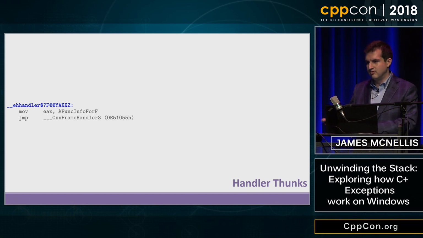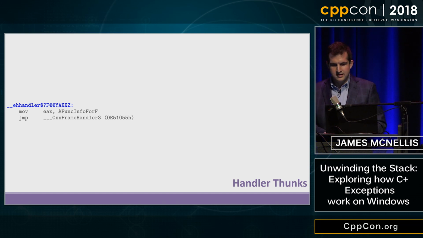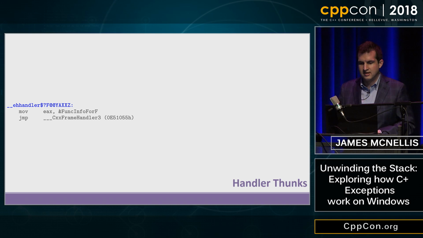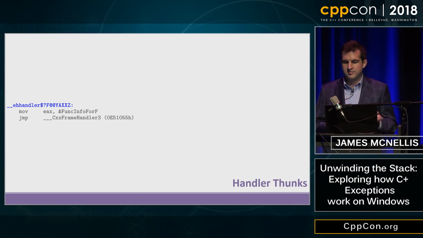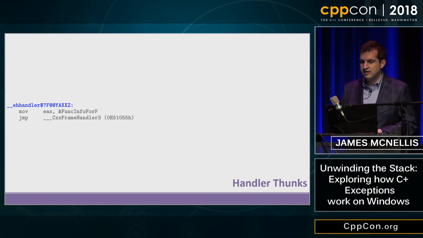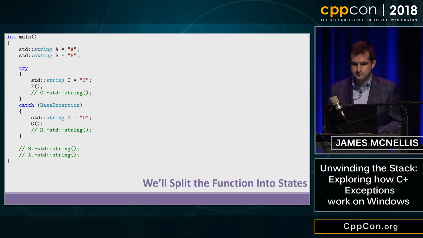So then in the handler, we can just refer to that data. This approach is a little cheaper to enter a function that uses C++ exception handling because we don't have to copy this pointer onto the stack every time we enter the function. We only have to copy it if we actually need to when an exception has actually been thrown.